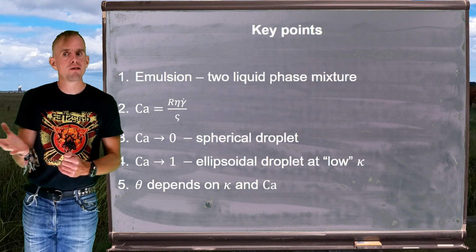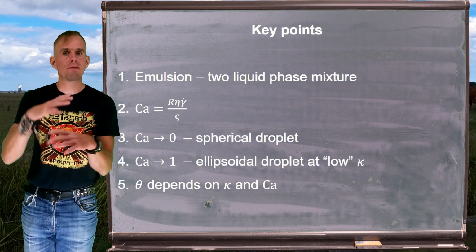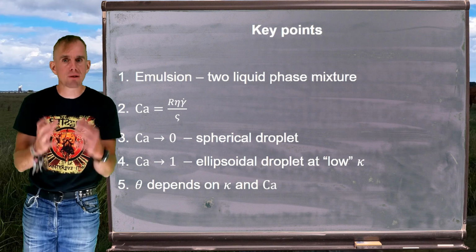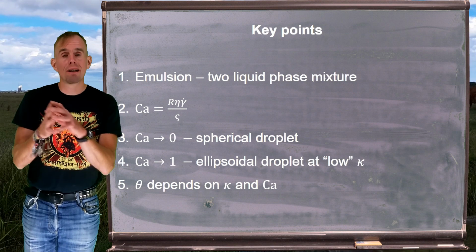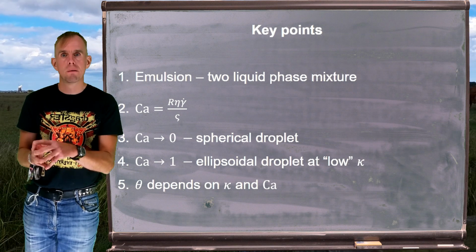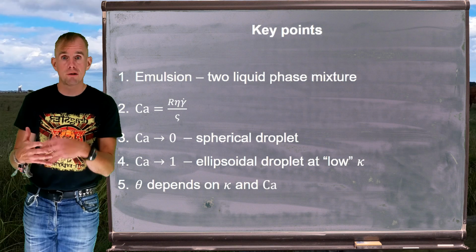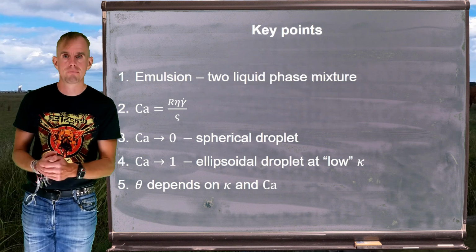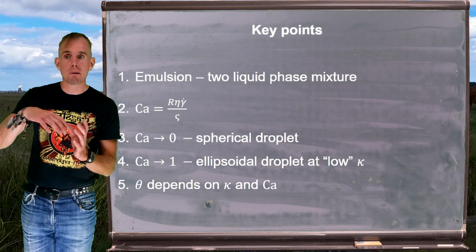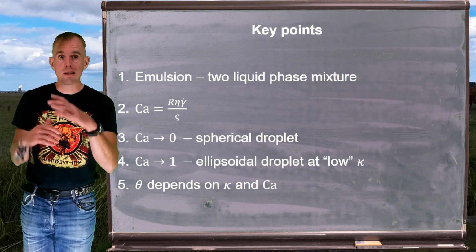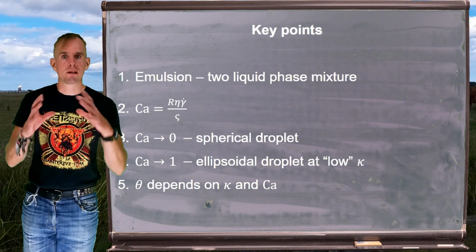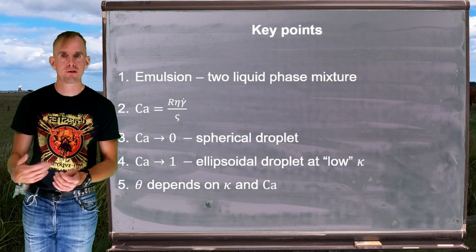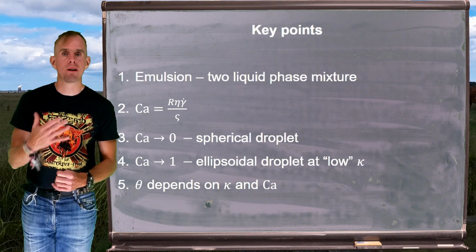As capillary numbers tend to 1, we've seen that we have ellipsoidal droplets at viscosity ratios where the droplets are easily deformable, i.e. the droplets have a low viscosity relative to the continuous phase. We've seen that both the deformation extent, the ellipticity, and the orientation angle depend on the viscosity ratio kappa and on the capillary number.